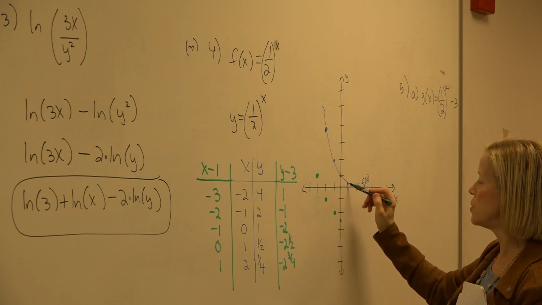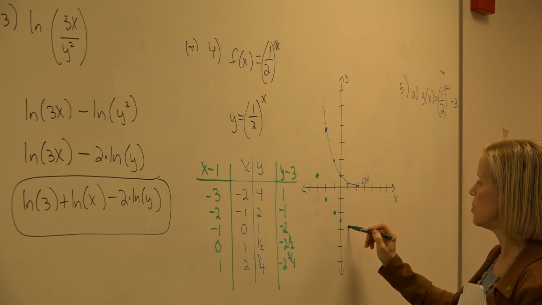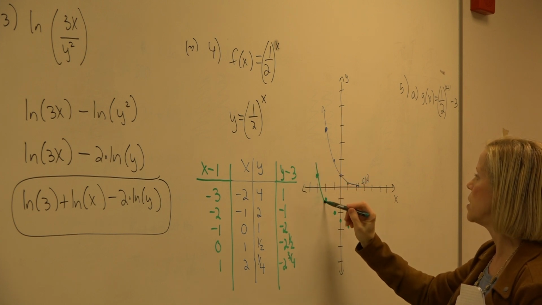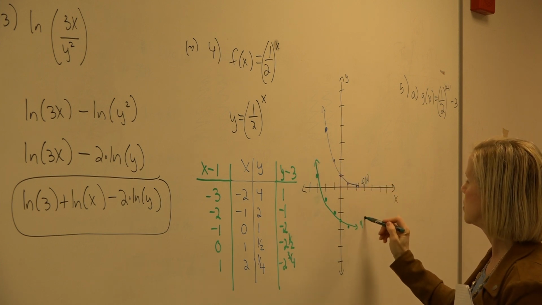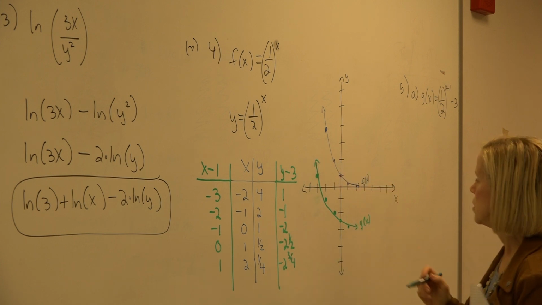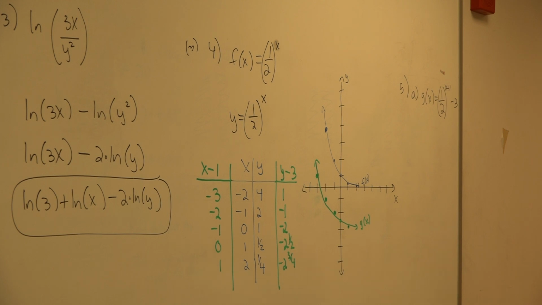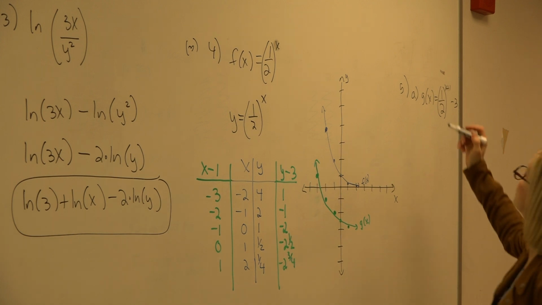And 1, -2 3/4: right 1, down 2 3/4. So here's my g of x function. There's my new function, and in 5a, that graph was worth 3 points.